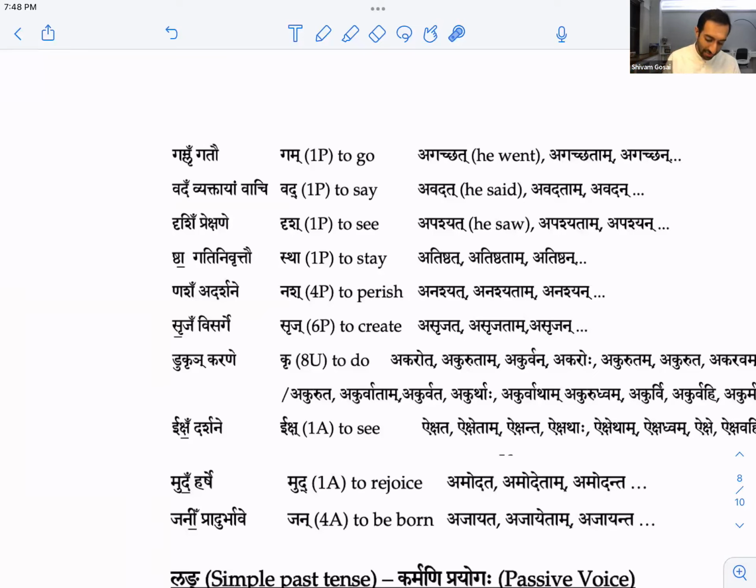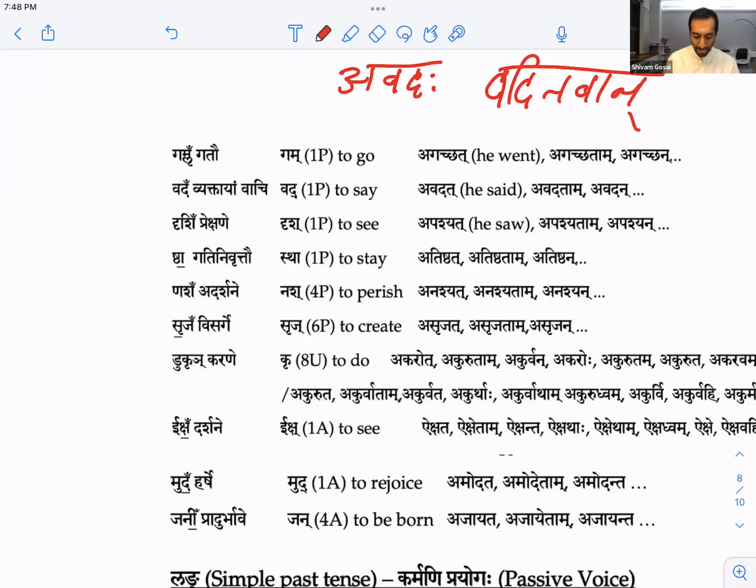Now, if I want to give a vigraha for avadaha, then I would have to give vaditavan. Sorry. Vaditavan.